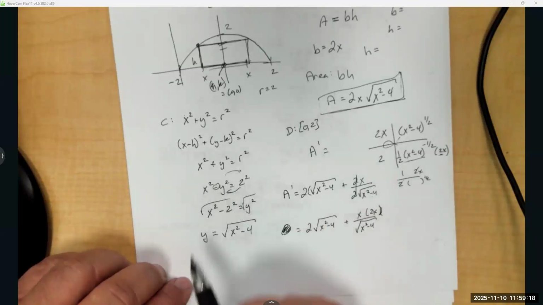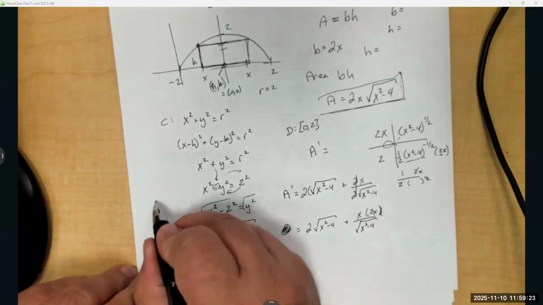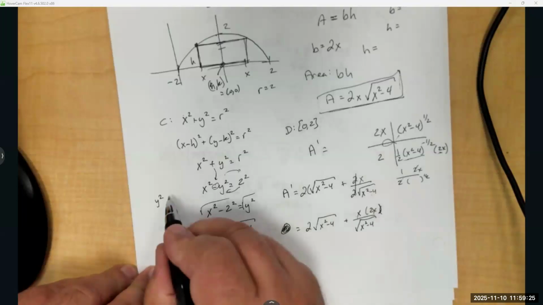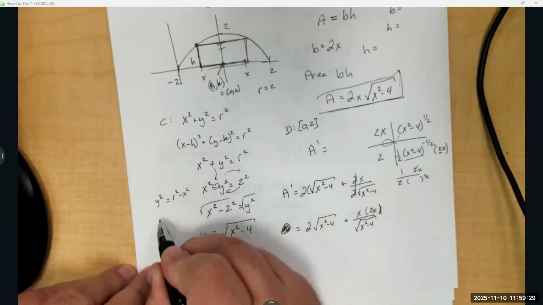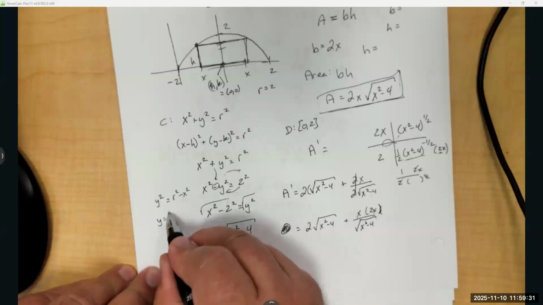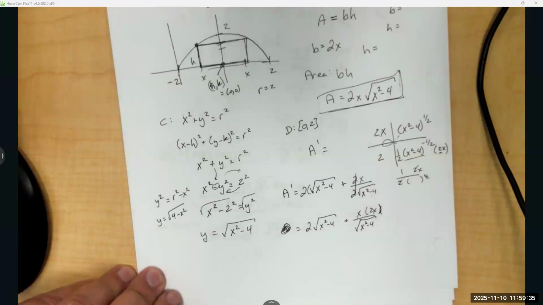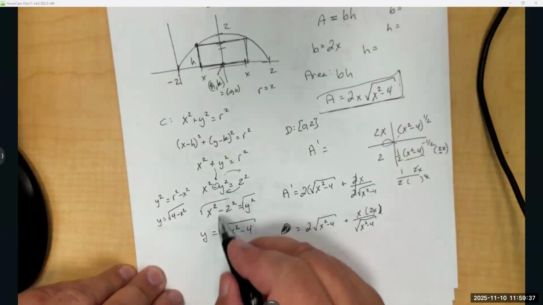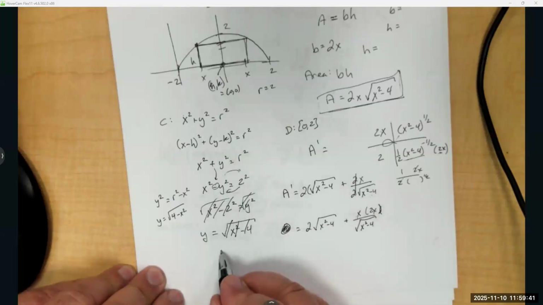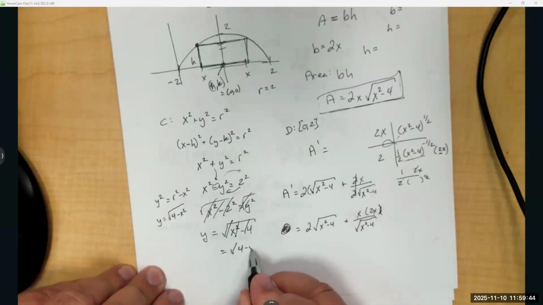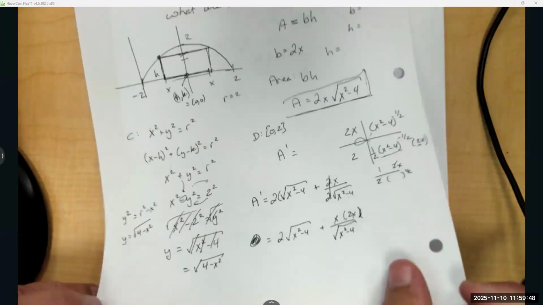I changed the sign by mistake. It's not much of a change. It should have been y squared equals r squared minus x squared. So y should have been the square root of 4 minus x squared. It's not going to change anything else.